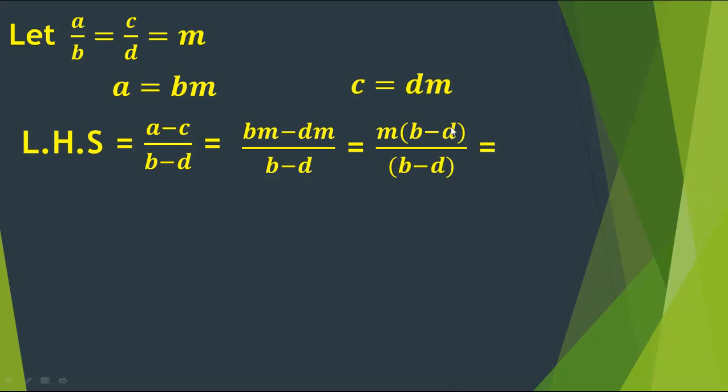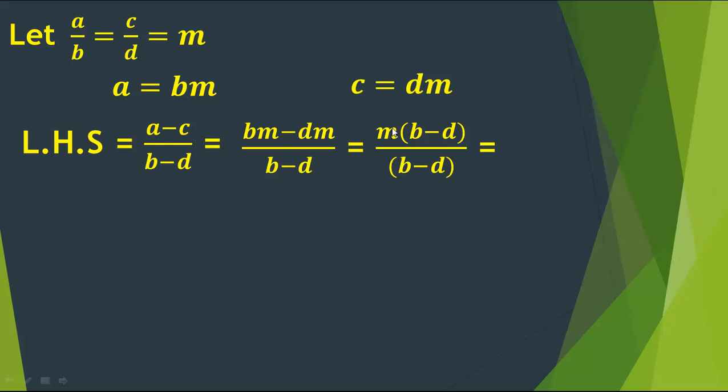Then we can cancel B minus D with B minus D. But pay attention here. We can cancel if the sign between the two factors is multiplication. Here we have M times the bracket B minus D, then we can cancel B minus D with B minus D. If we had M plus the bracket B minus D, we could not cancel.